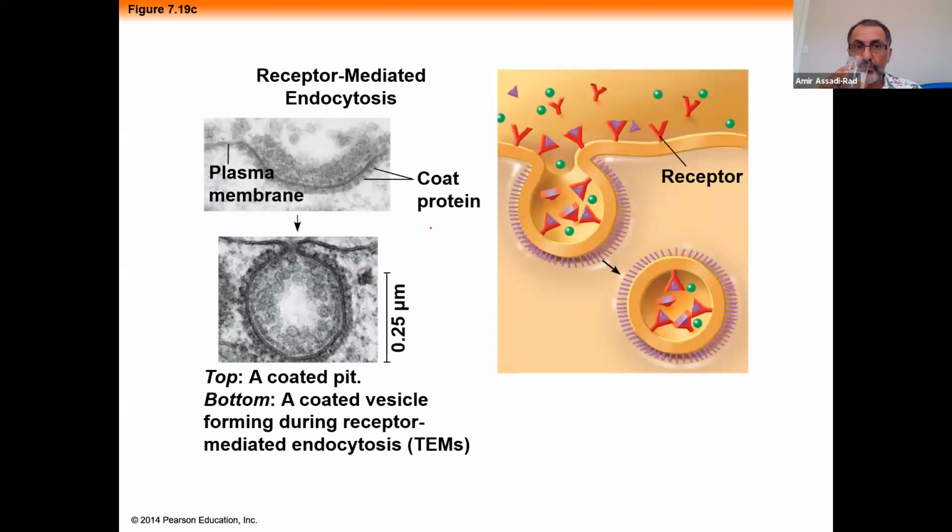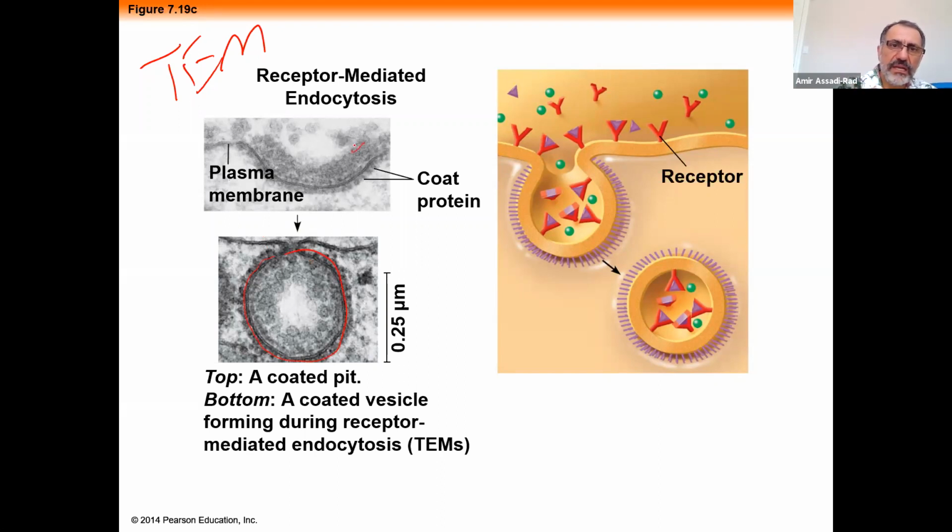Here is showing you a transmission electron micrograph. This is a TEM picture showing that a coat of protein is formed, and then the plasma membrane, receptor-mediated endocytosis. So the cell membrane is being pinched off right here, and the material goes inside the cell.